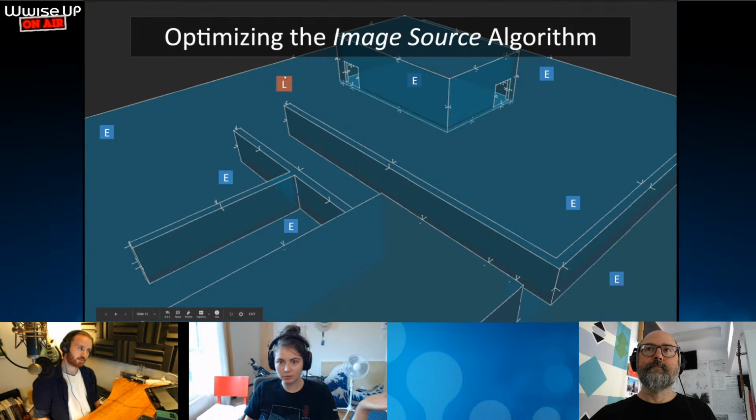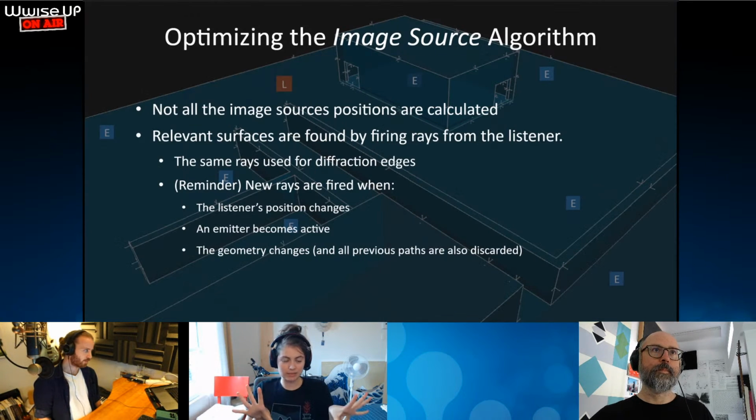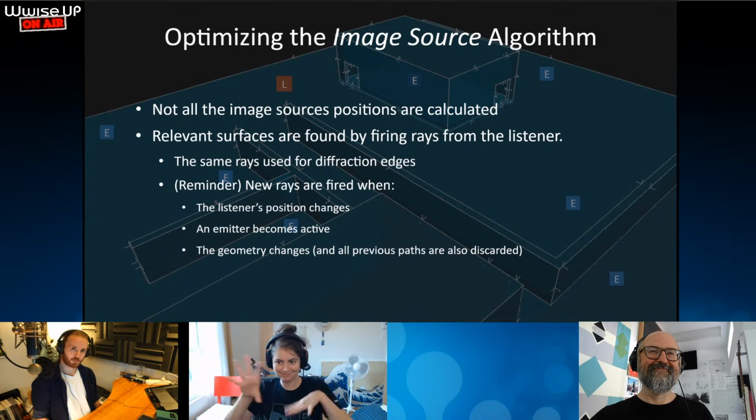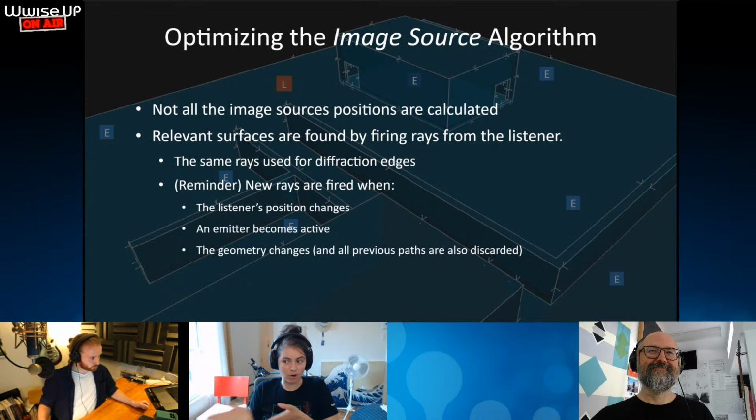So instead of doing that, what we do is a little bit the same as in the last episode, where we were sending rays from the listener. We send rays from the listener and try to reach an emitter, touching some geometry surfaces and bouncing off them. Then we can see which surfaces are interesting, and we create image sources with them.